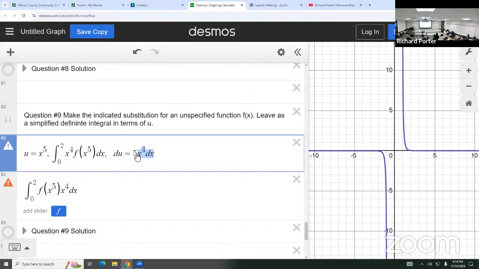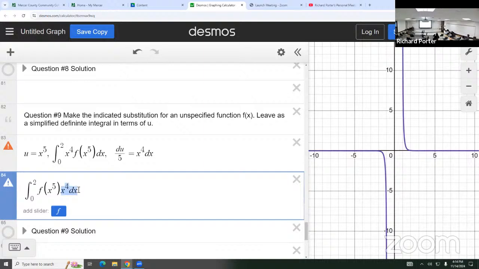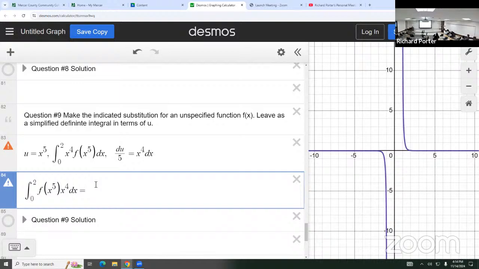So what can I do? I don't want that 5, so let me just divide it out. Now I'm going to replace all of this with du over 5. So this is going to be equal to the integral, and this will be du over 5.